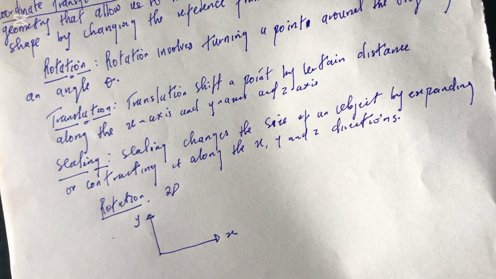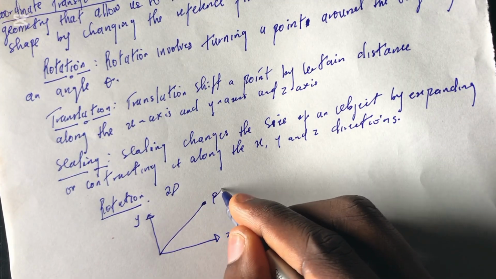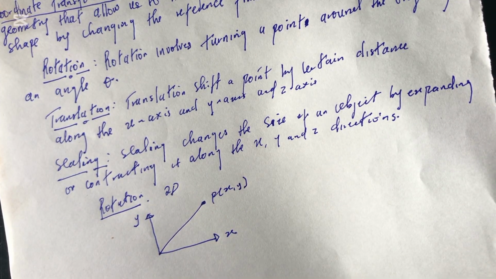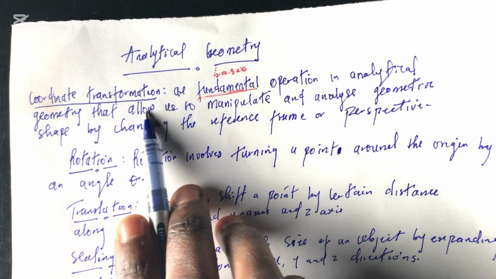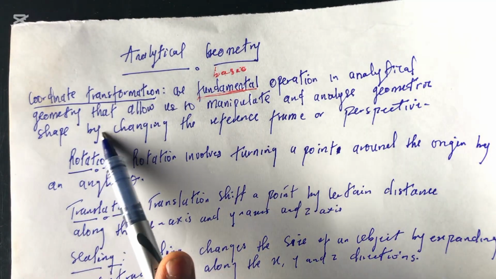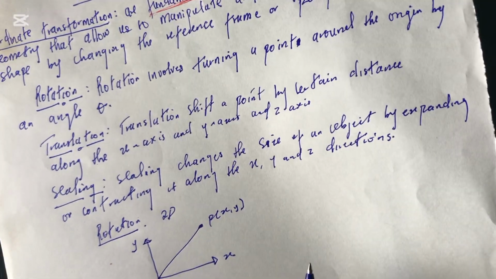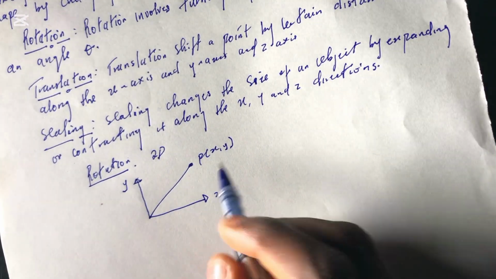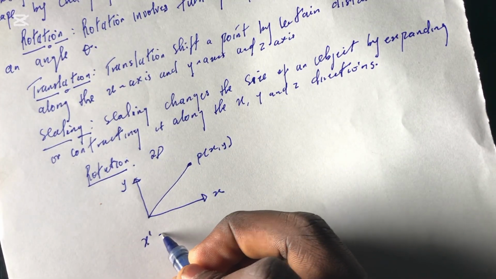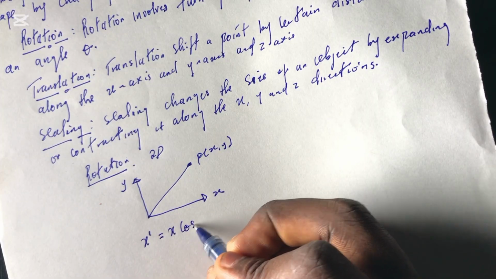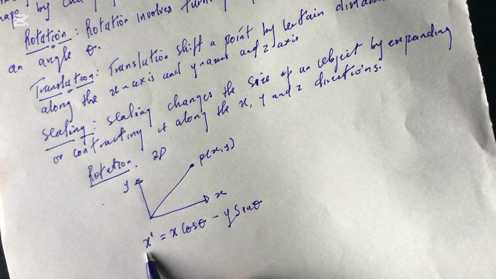Now, the formula is going to be given by the new points. Let's say this is my point P, and my point P is x and y, which are the coordinates of my point P. The new reference point, after rotating by an angle, since that's what rotation is talking about, is going to be x prime equals x cos theta minus y sine theta for the x axis.